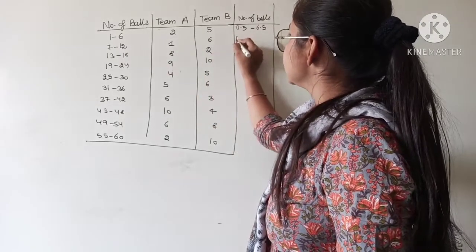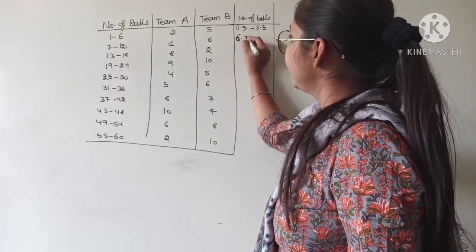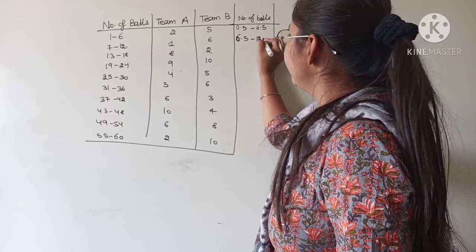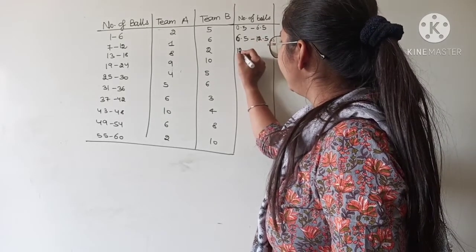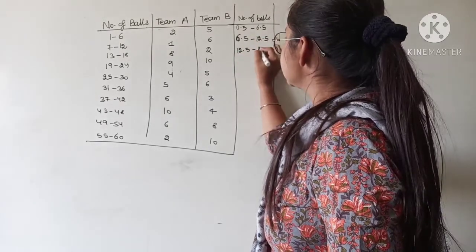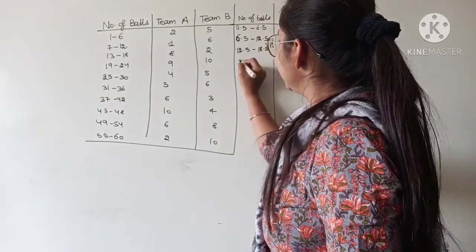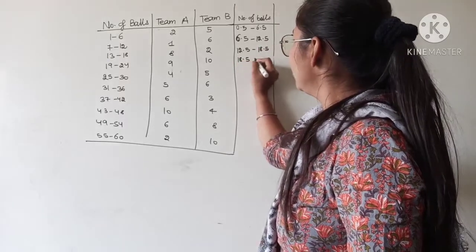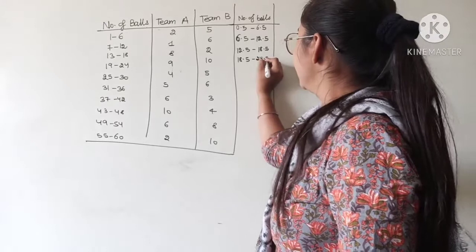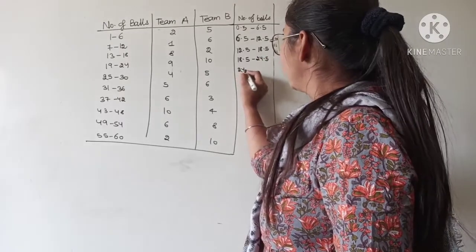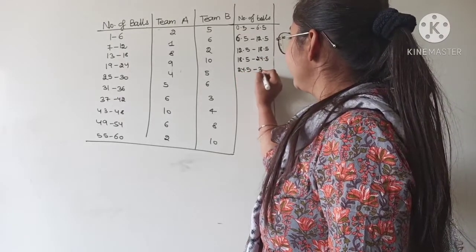Next is 6.5 to 12.5. Next is 12.5 to 18.5. Next is 18.5 to 24.5. Next is 24.5 to 30.5.